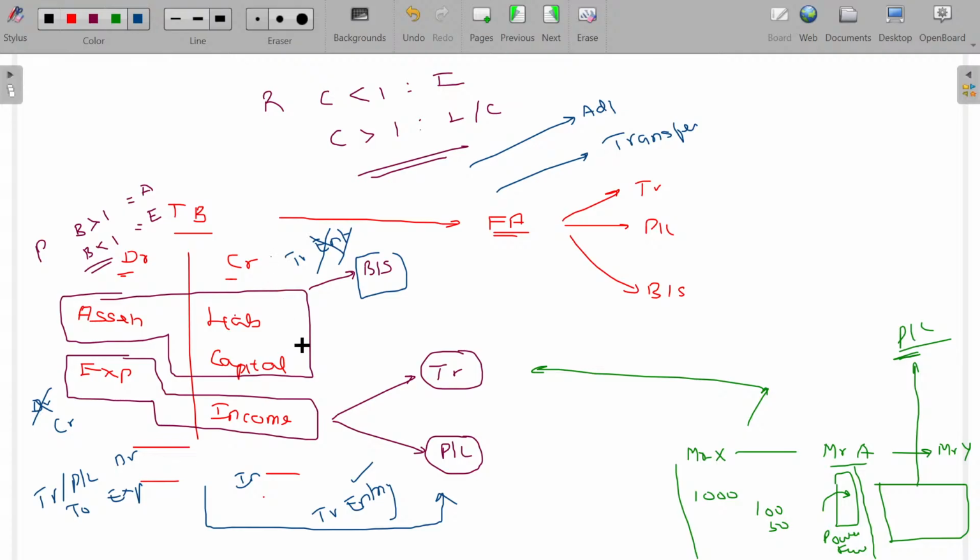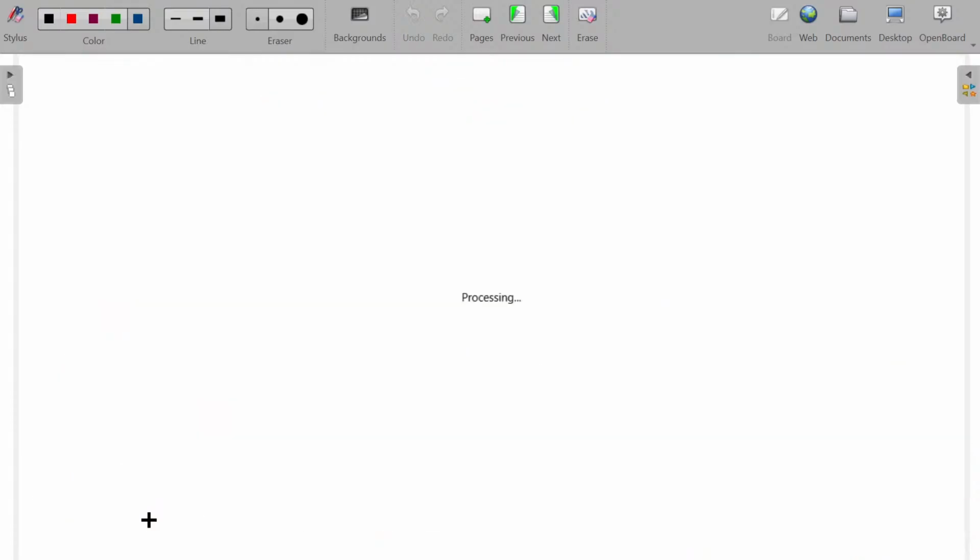To cancel a credit balance, it should be debited. So income account debit, and where it is transferred, either the trading account or the P&L account. That's how you can understand. Clear? So this is the small background of the final accounts.